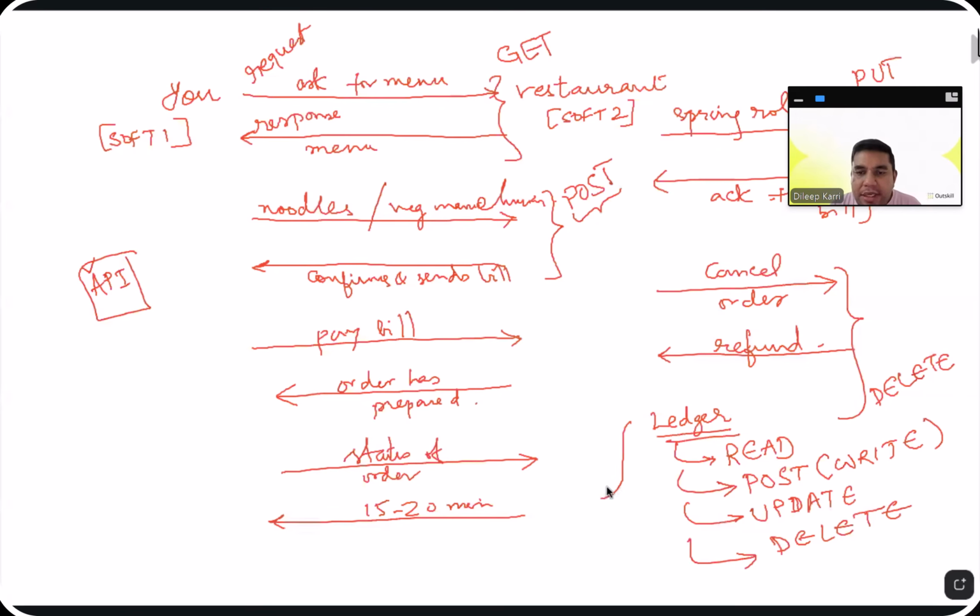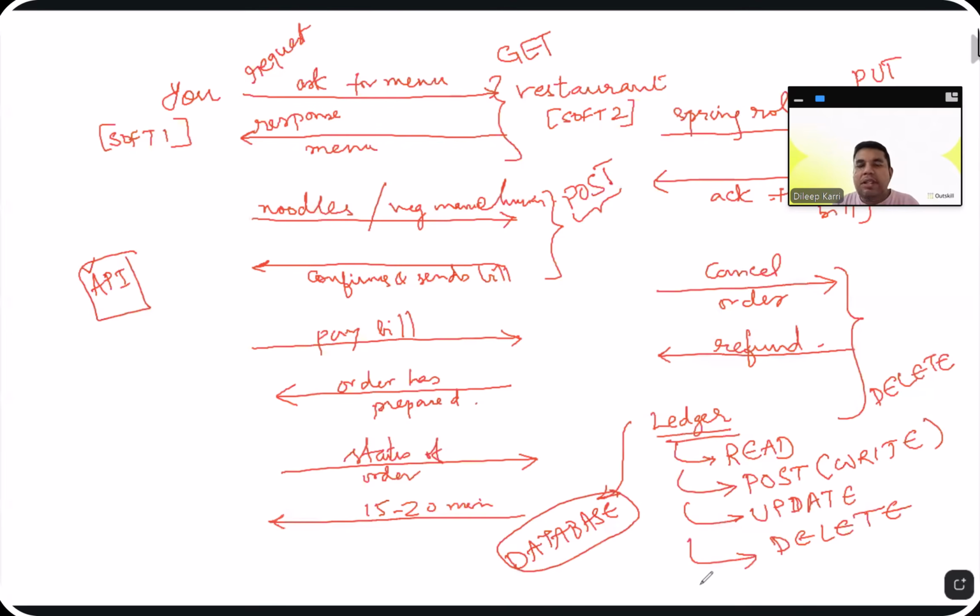So now this ledger that you have, you can think of it like a database of software two. So software one is querying information of software two and ensuring that these operations happen. So when you're thinking about API, application programming interface, think about this conversation that you are having with the restaurant.